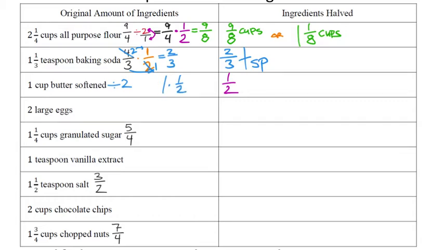Anything multiplied by 1 is just itself, so that's how you're going to get that 1/2 right there. Either way, 1/2 cup, half a cup, there we go, of softened butter. So large eggs as well, we should be able to do 2 divided by 2 because we know anything divided by itself is 1.